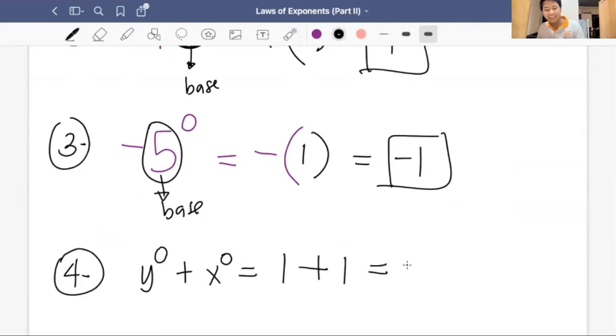So 1 plus 1 is equal to 2. And that ends our laws of exponent part 2. Again, let's recap the 3 laws of exponent that we discussed today. We have the quotient rule, the power of the quotient rule, and the zero exponent rule.